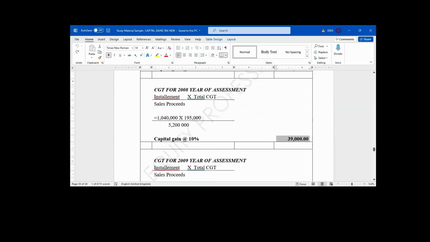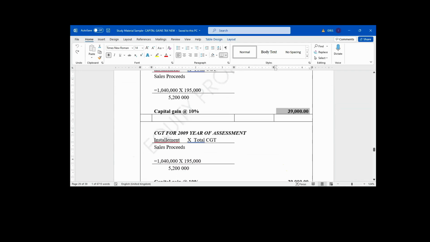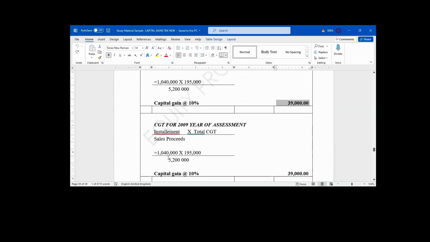All over the total sales proceed, 5.2 million, times 195,000. It's still going to be 39,000.